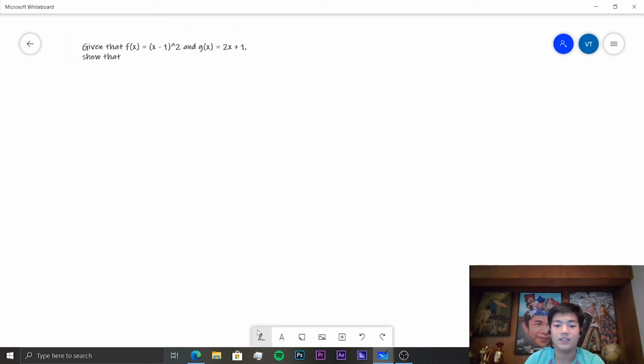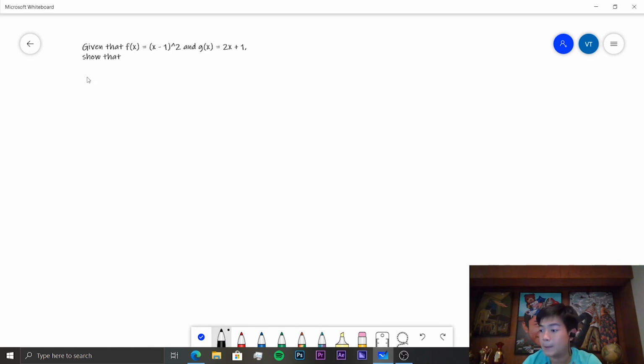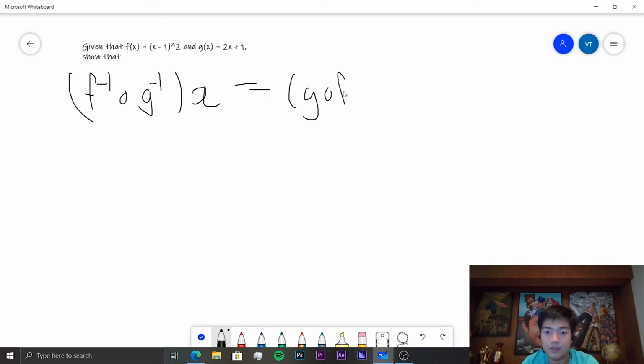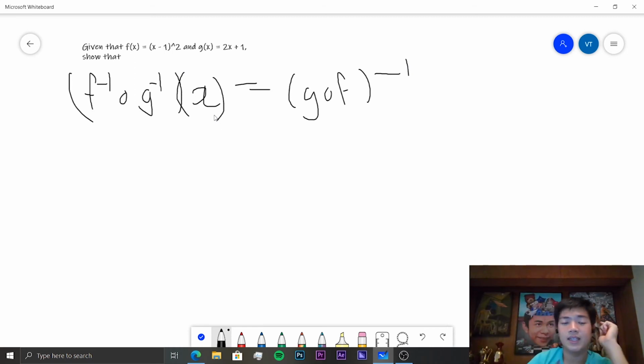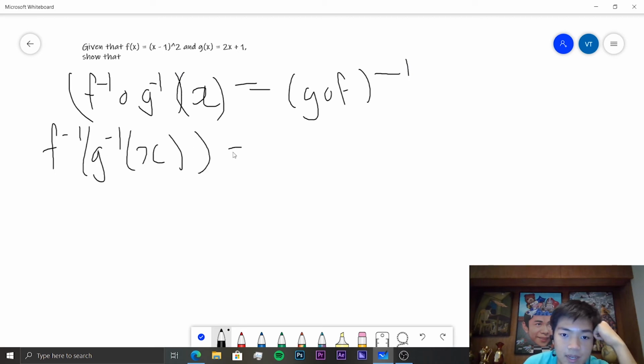It's quite a long function, so we need to show that f to the minus 1 compounded onto g to the minus 1 of x is equal to g compounded to f to the minus 1. So let's rewrite this in a form that I like better, which is f to the minus 1 of g to the minus 1 of x. And we need to prove that this is equal to g of f of x to the minus 1.